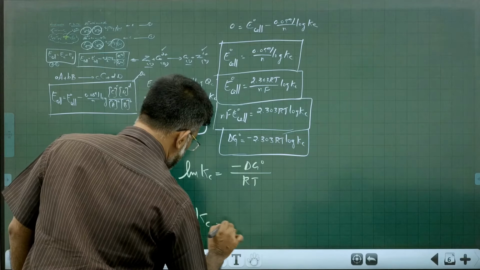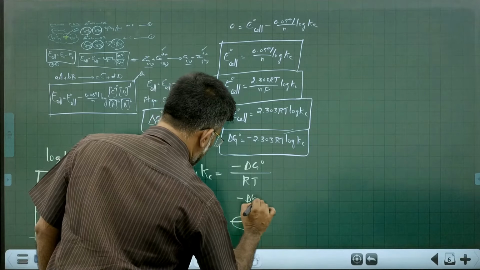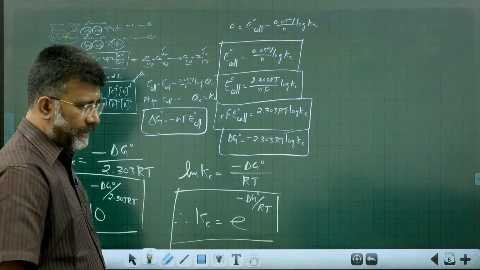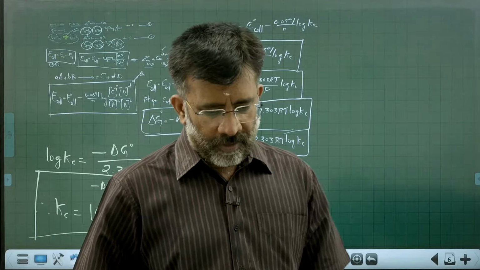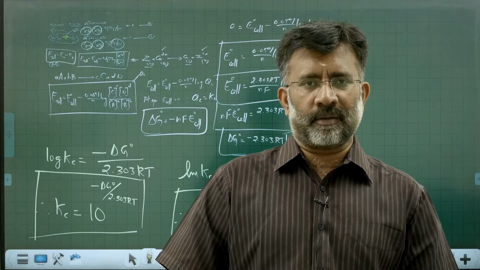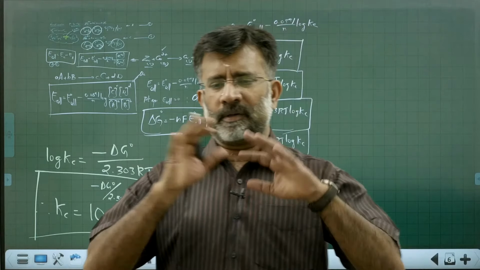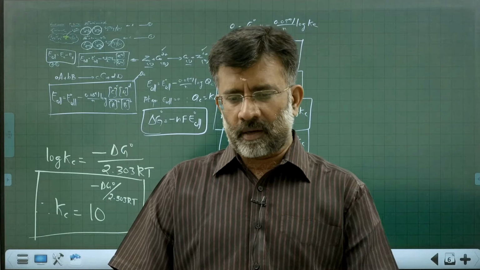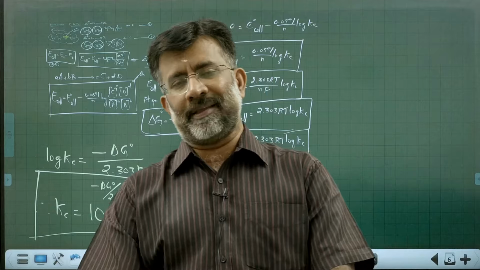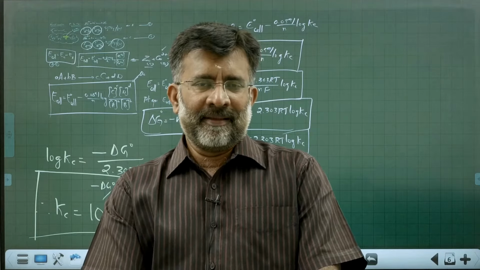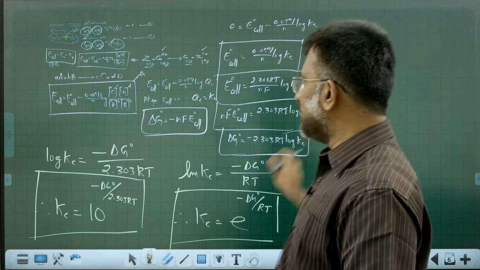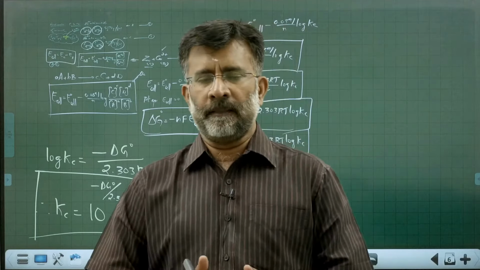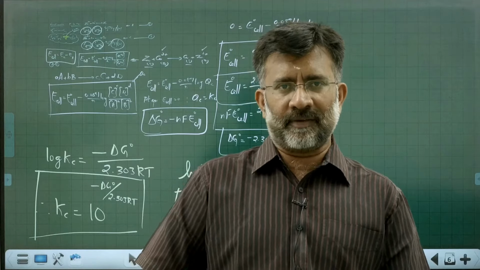Therefore, Kc is equal to e to the power minus delta G naught by RT. We don't know exactly what kind of formula we are about to encounter in a particular numerical. All types of variations you can practice, and think about your own ways of manipulating a given formula. So all these have to be taken care of, which are related to the Nernst equation.